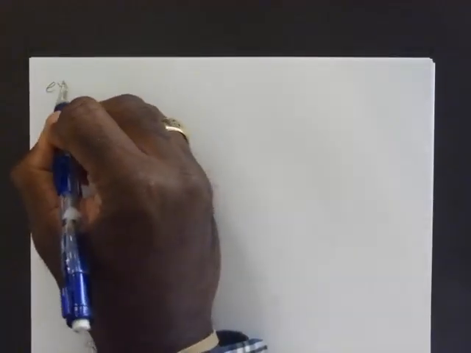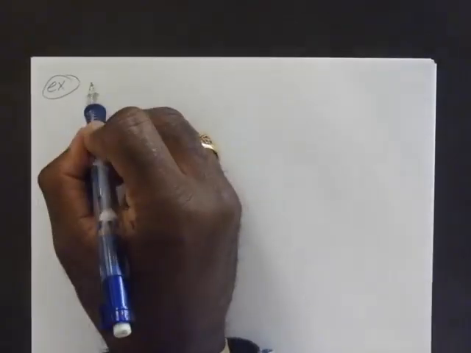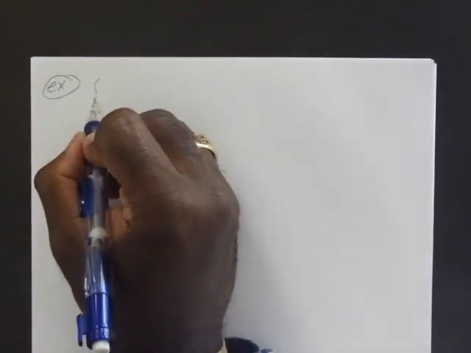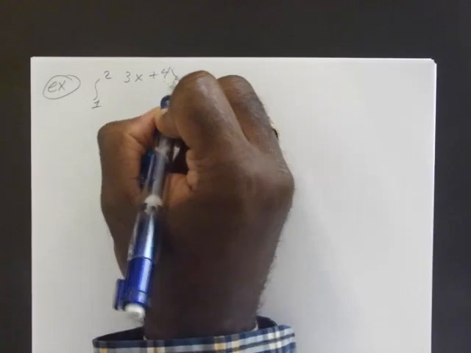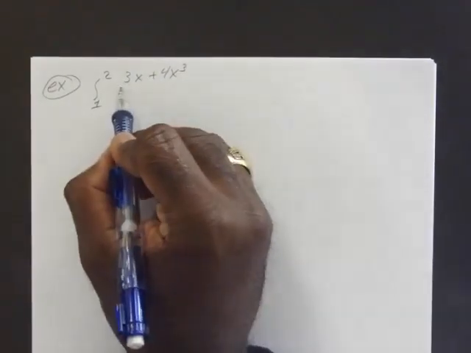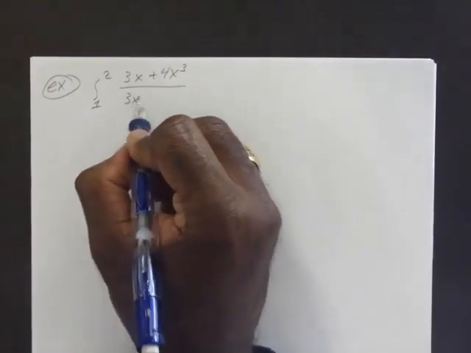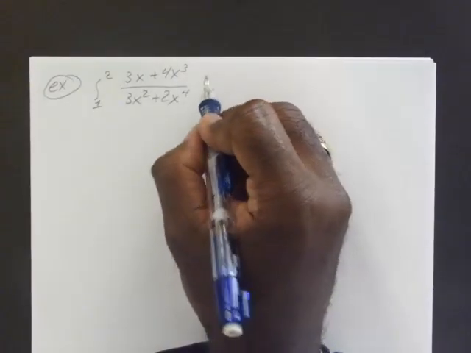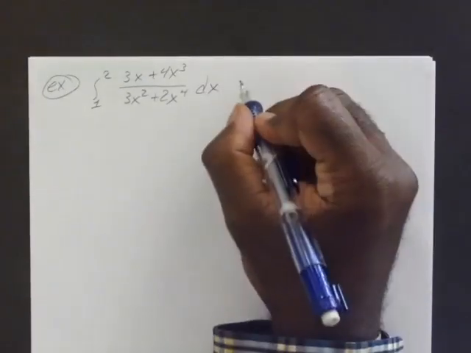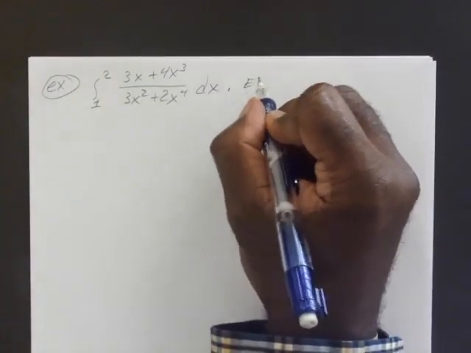Okay, so let's say we want to find the integral from 1 to 2 of 3x plus 4x to the third power divided by 3x squared plus 2x to the fourth power with respect to x, and we want to have that in an exact answer.